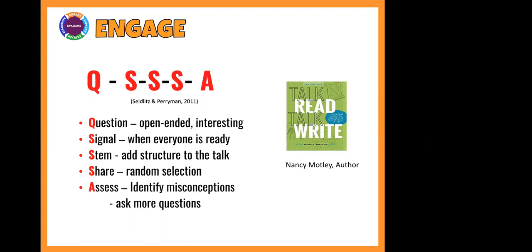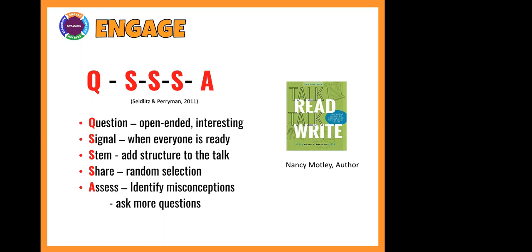They need a little bit of time to process the question. They need a lot of support in how to begin to answer the question. So they would need a sentence stem to add structure to the way that they answer. They need to be able to share with one another. So I feel that the QTripleS strategy totally covers the way that our students learn.